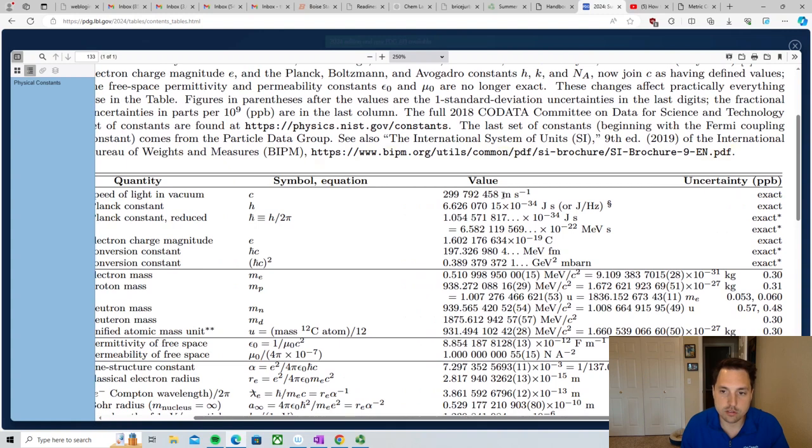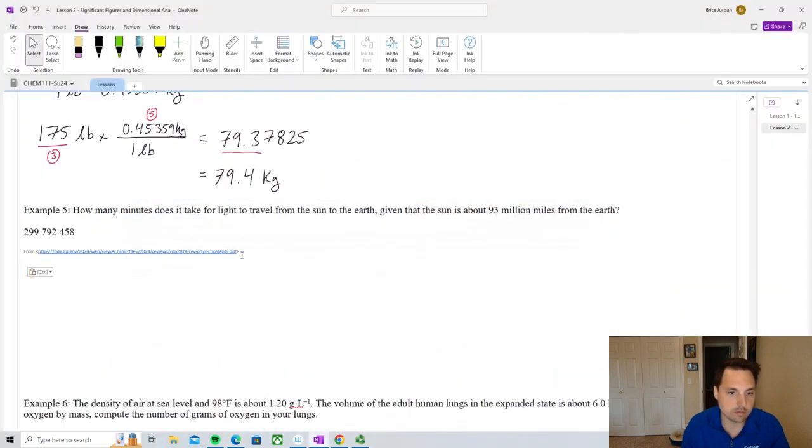Okay, so let's copy down this value, equals c. C is the speed of light. All right, so this here is going to be our conversion factor. It's going to tell us how many meters that light travels per second.